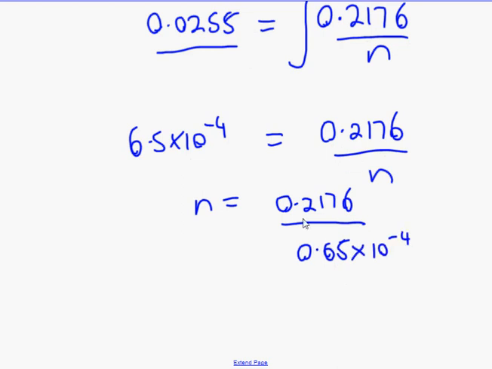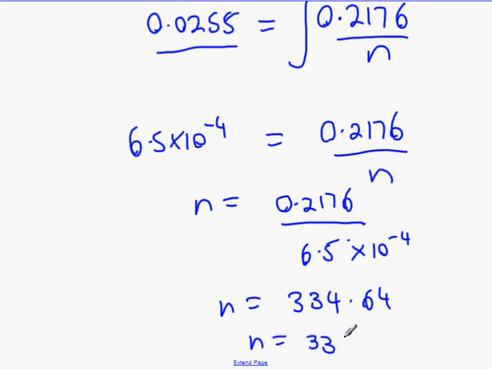Anybody? n equals 330.64. So does it go up or down? Up. 335 people. It takes 335 people to have a confidence interval of plus or minus 5%, right?